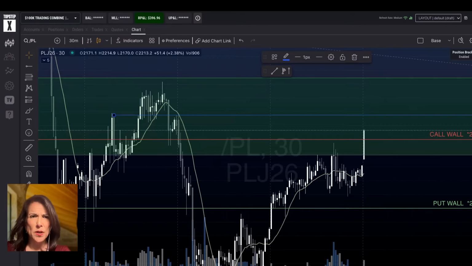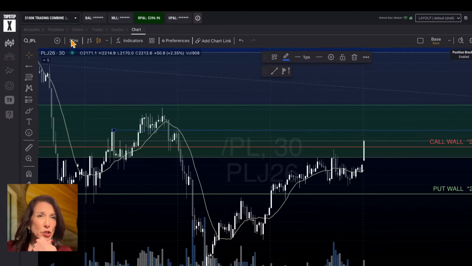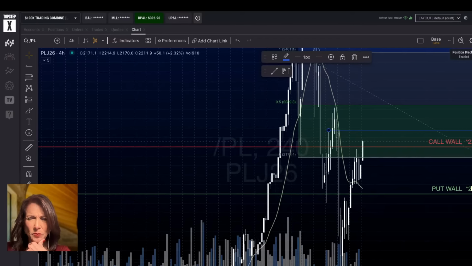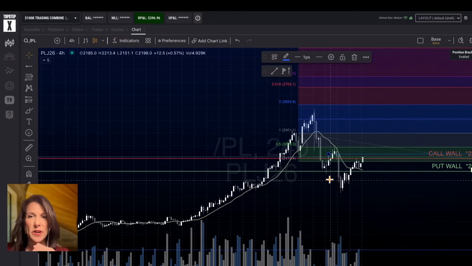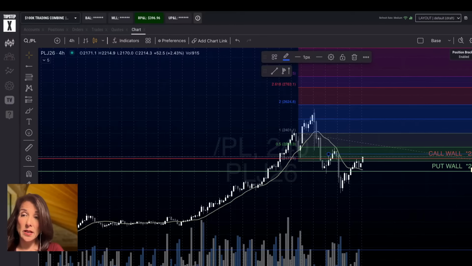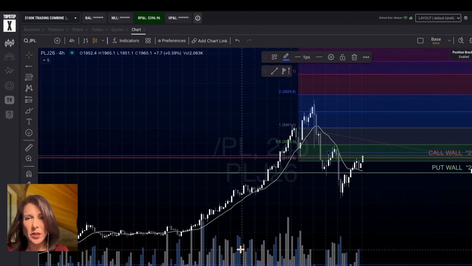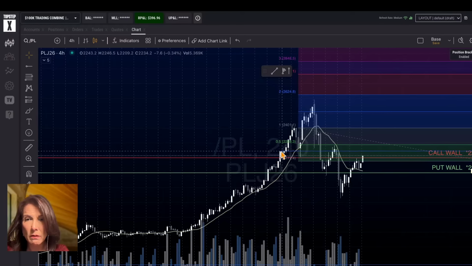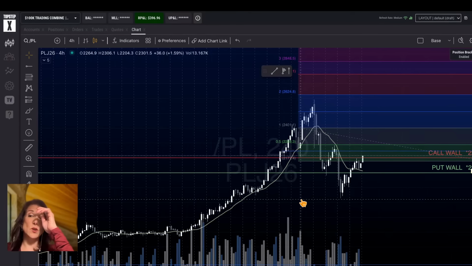This is another one where margins should get affected pretty quickly in general, or maybe they already have based on what the price action looks like. Yeah, that's a pretty good looking resistance area, to be honest. You could certainly trade it up into that zone.